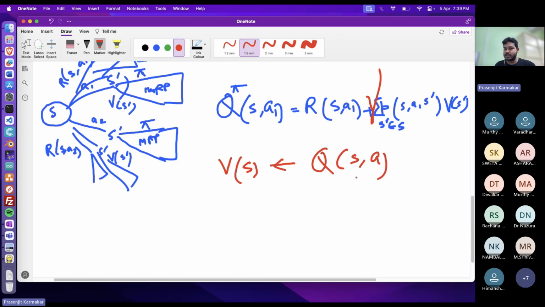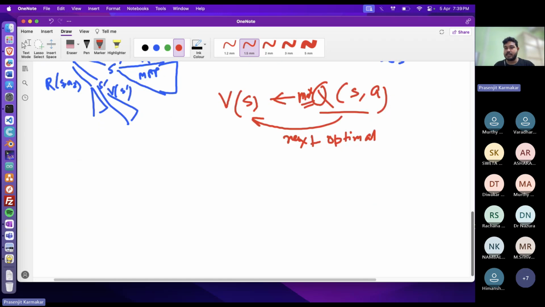Whatever action has the maximum value, I will take that as the next policy. So I will just take the max of this, which will give me the value function for the next optimal policy, right? Because I am taking the max over the actions.